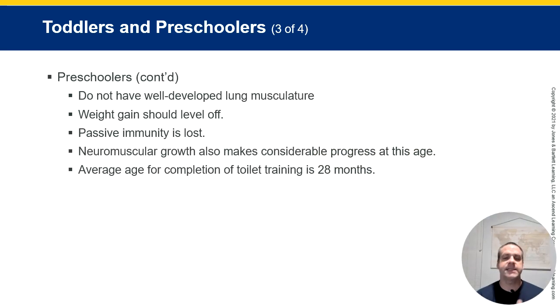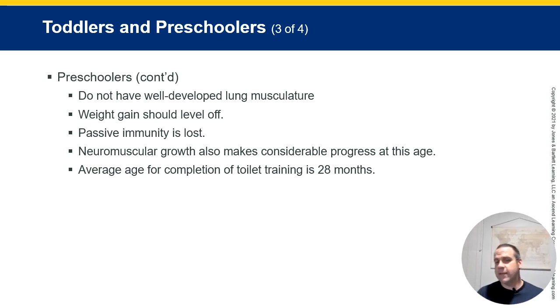As preschoolers continue to grow, there's a major shift in how their body and brain work together, okay? Their lung development continues with an increasing number of alveoli to support their rising oxygen needs.